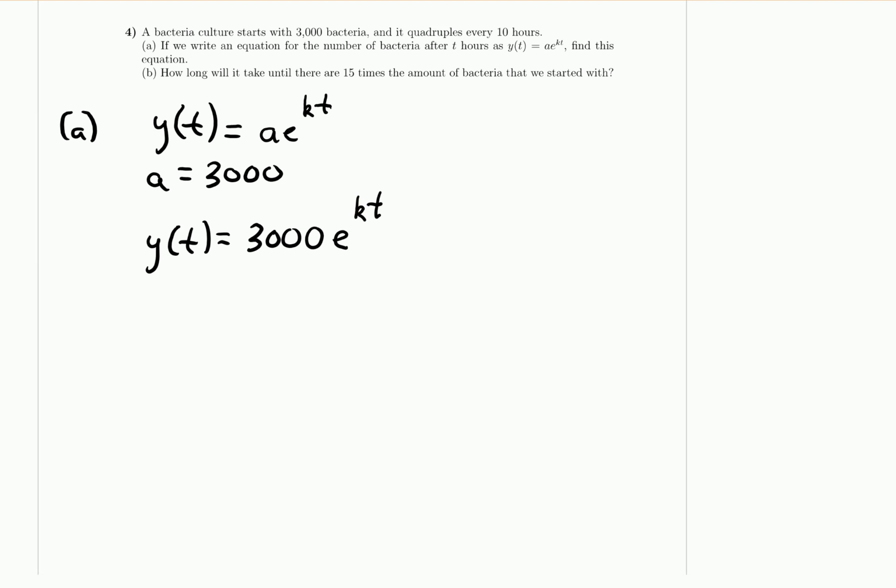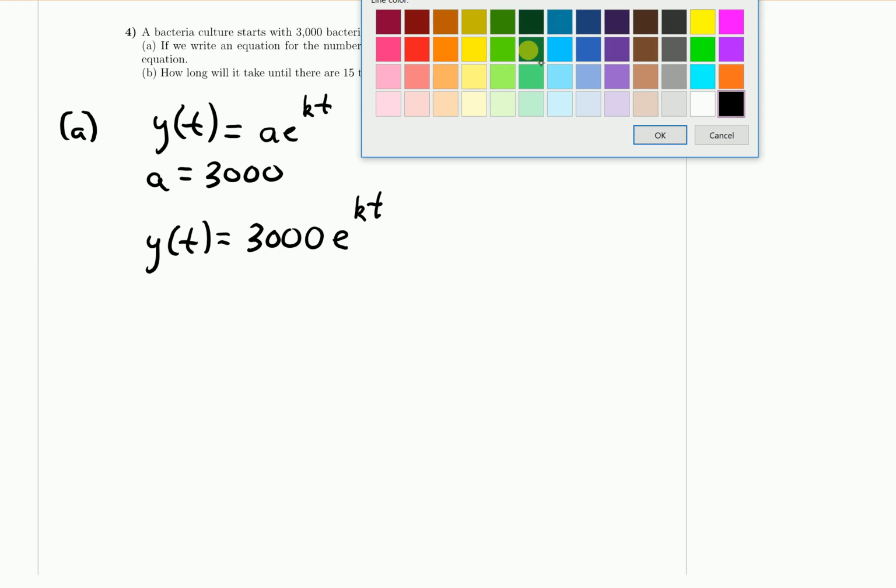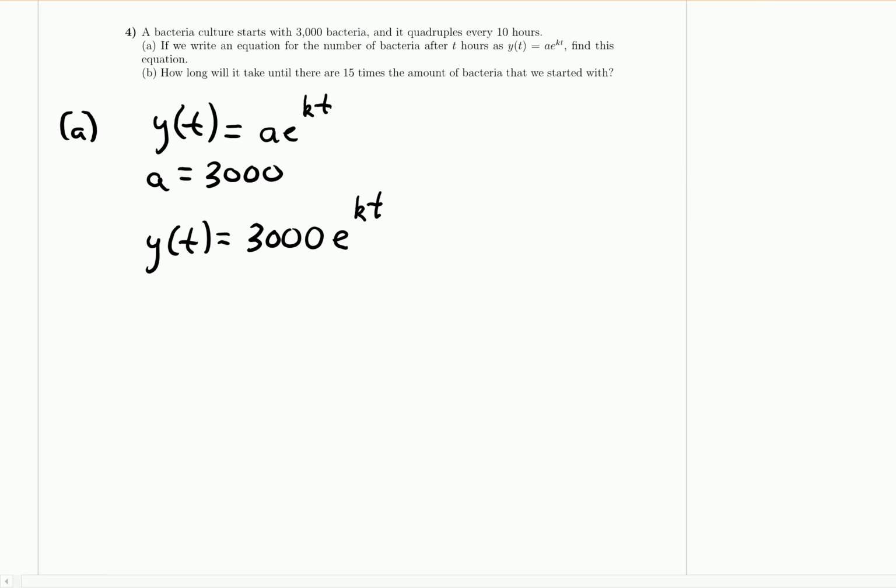Okay, what they do tell us in the problem is that the bacteria quadruples, meaning it gets multiplied by 4 every 10 hours. So if I started with 3,000, that means after 10 hours, we end up with 4 times this amount.